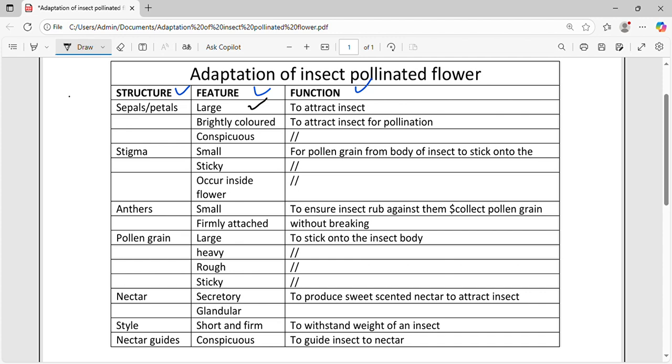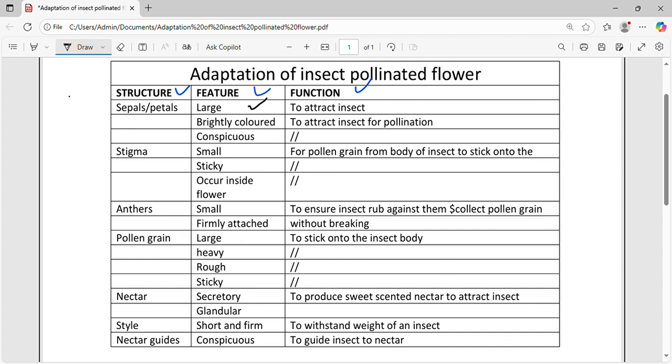The importance of arranging them in terms of feature and function is that every feature is one mark. Even if you don't write the function but write the features, you'll get one mark for every feature you write. So you'll get more marks than if you write it in paragraph form. So arrange them in terms of feature and function.